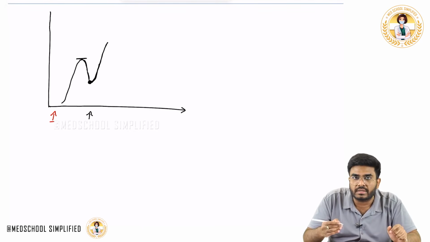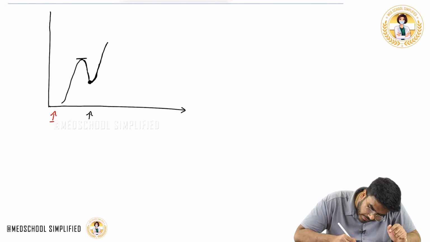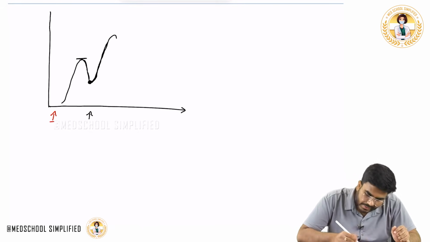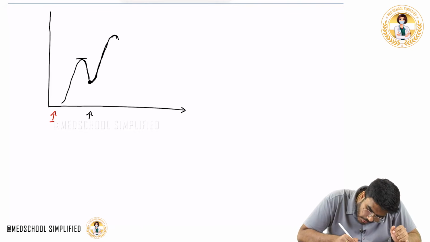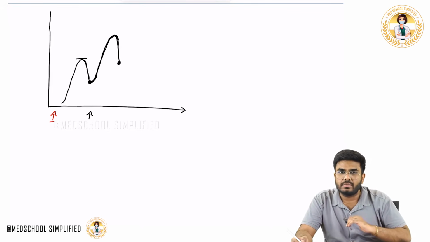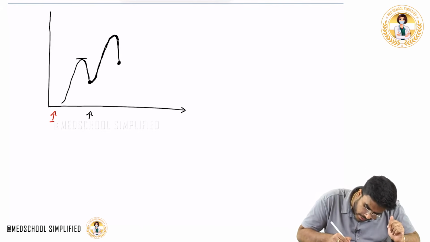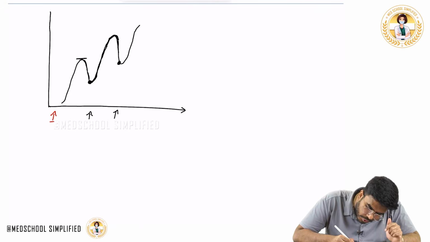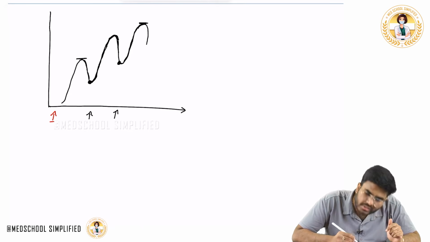It generates more force, so that's why it goes up a little. Next, when the second muscle twitch is relaxing, the muscle is not completely relaxed, incompletely relaxed, and you have stimulated it again. The third contraction is also going to be more powerful. It's also generating more tension.